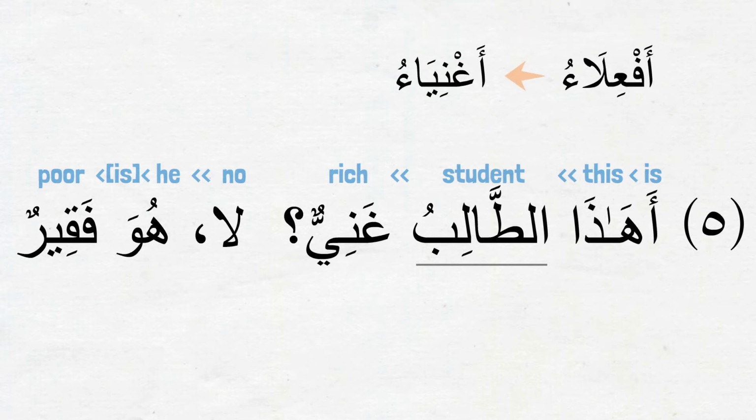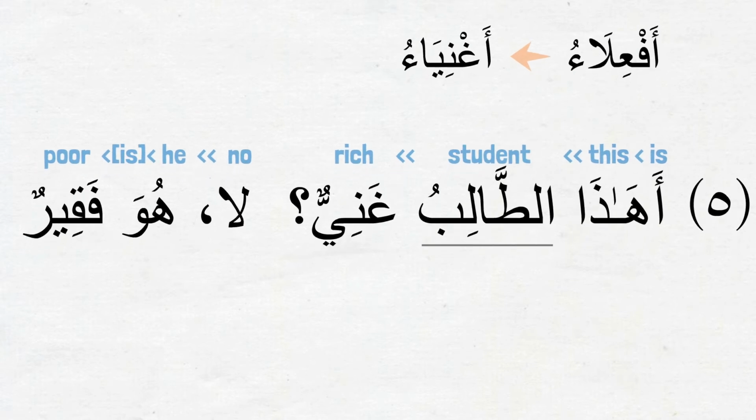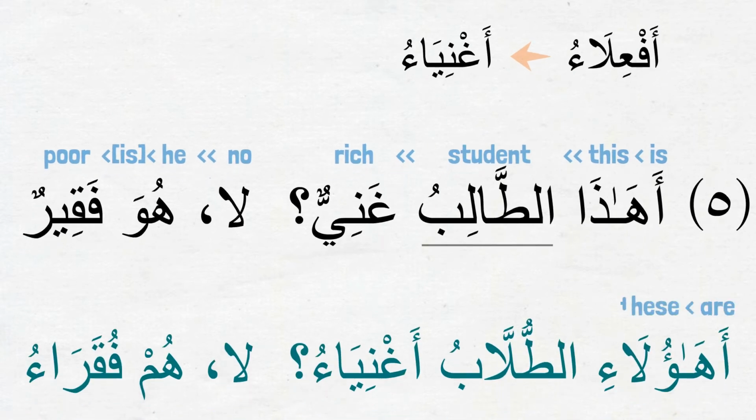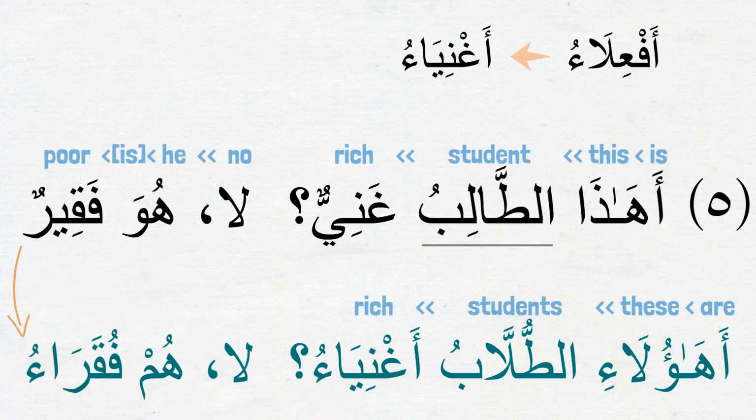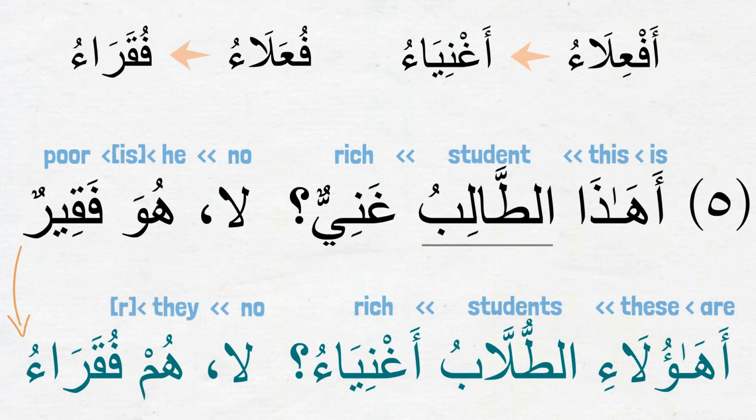It is أغنياء, right? The plural version of the question should be أهؤلاء الطلاب أغنياء. In the answer, we should use the plural form of فقير, which is فقراء. It is also a broken plural following the pattern فعلاء. The answer will be لا هم فقراء. No, they are poor.